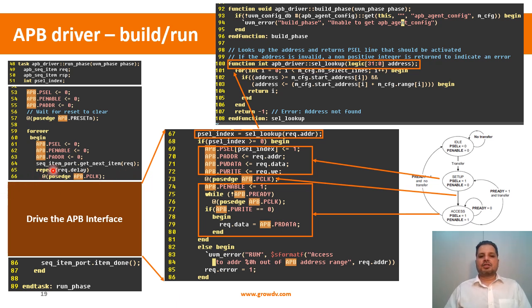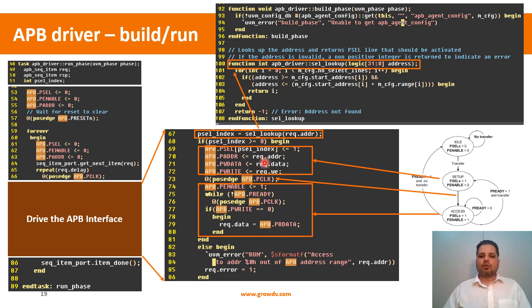The first thing the driver does, if you remember, one of the properties we had in the APB sequence item was delay. Then that many delays are implemented in terms of PCLK, and then we have the main functionality to drive the APB interface. After driving the transaction to the APB interface, we say sequence item port dot item done, which unblocks the finish item at the sequence level, and the overall sequence completes. So this is the overall functionality.